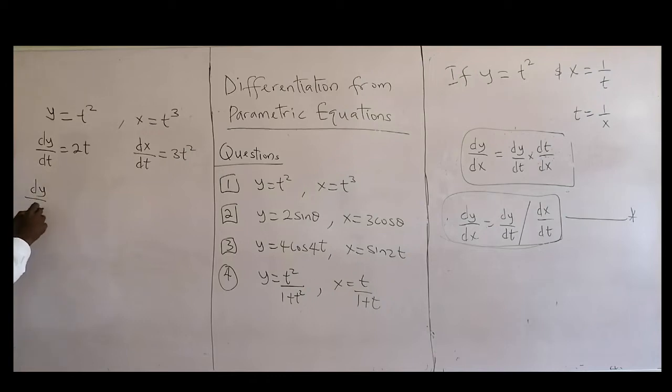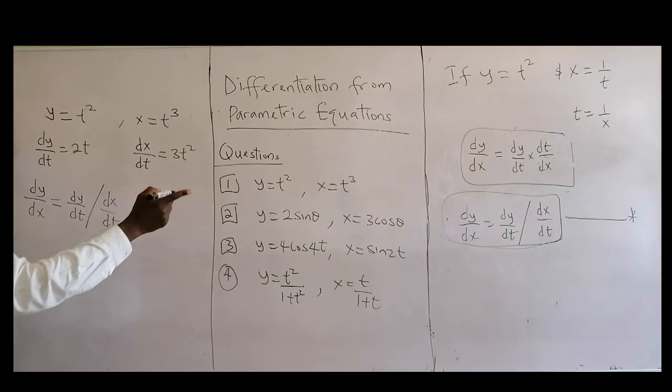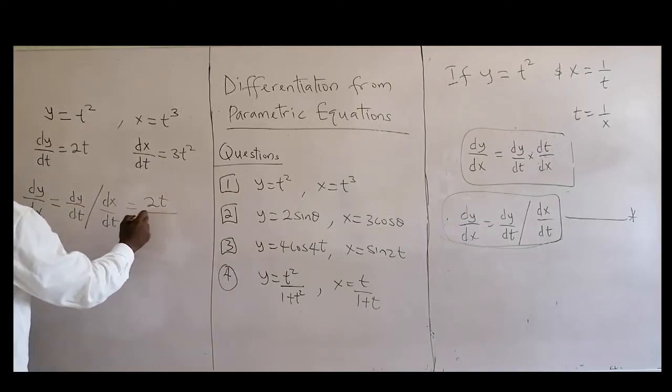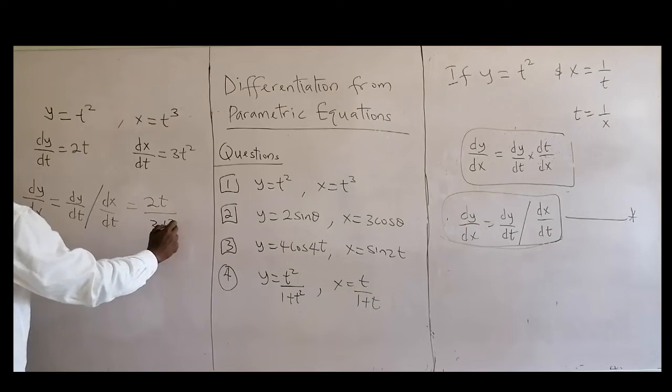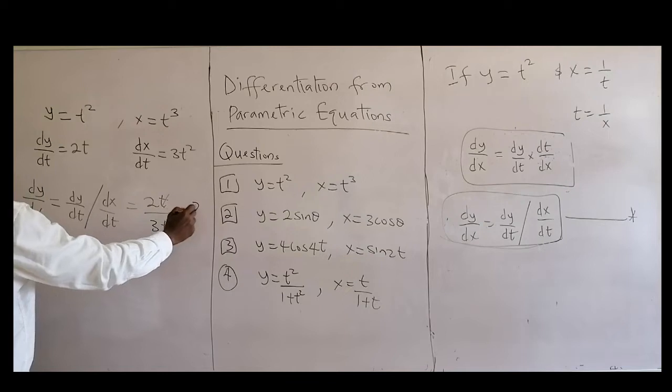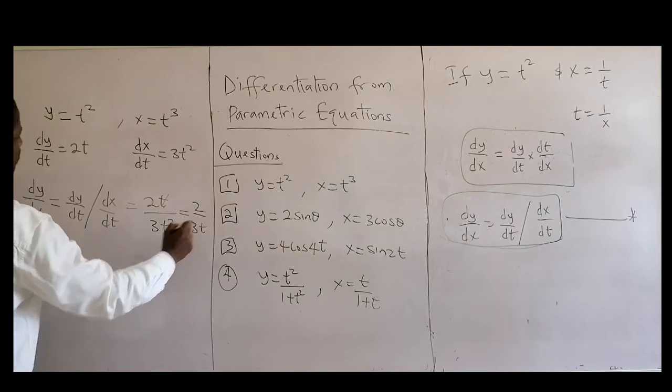Okay? So let's get the dy/dx now. So dy/dx will be equal to dy/dt divided by dx/dt. I'm using the second equation. And that will be equal to 2t over 3t squared. And that will be equal to, t1, t2 will go here, that will be 2 over 3t.